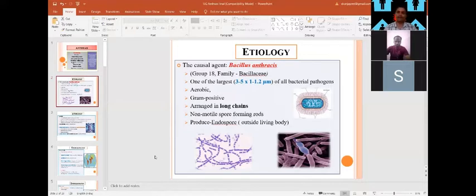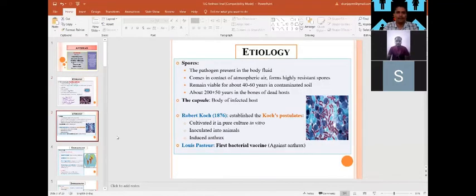In animals or human beings, it is present in the vegetative, capsulated form. The pathogens present in body fluids that come in contact with atmospheric air, or you can say in the presence of oxygen, produce spores.